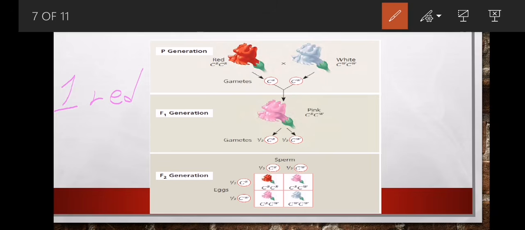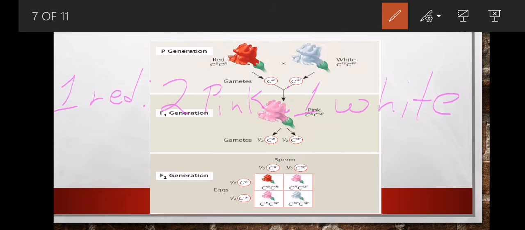How many pink do we have? One, two. So we'll have two pink. How many white do we have? It's one. So we'll have one white.